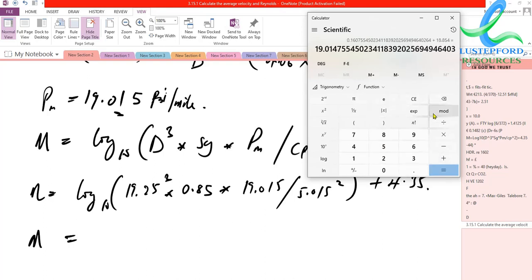Now I have this, multiply 0.85 to it, multiply 19.25 raised to power 3 to it, divide by 5.015 square.